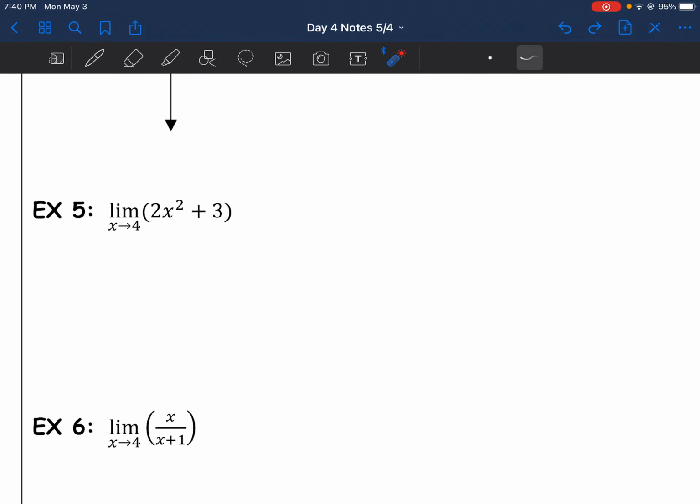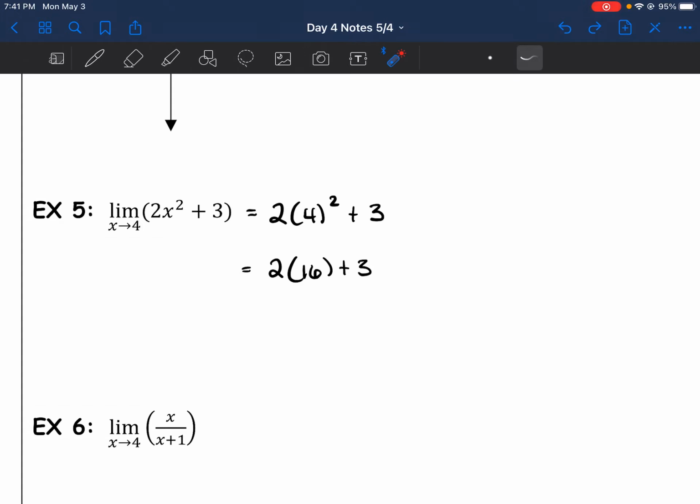So, example 5. We're not going to worry about trying to prove it graphically or prove it with a table. Let's plug in what x is approaching into the function and see if we get a clean number. So if I plug in 4, we get 2 times 4 squared plus 3. Using order of operations, we'll do the 4 squared first, which is 16.